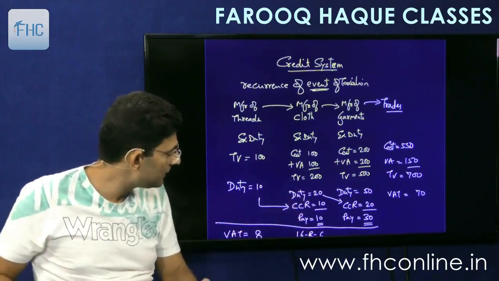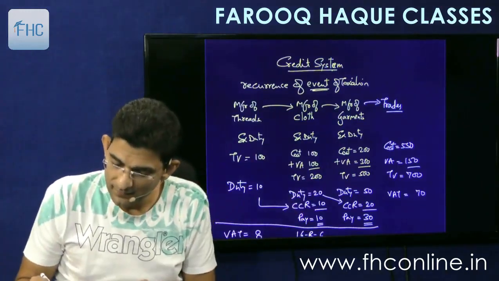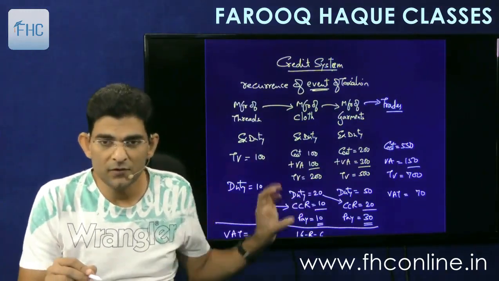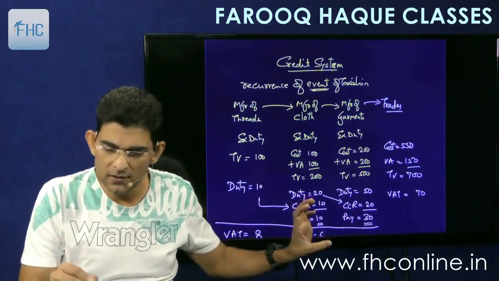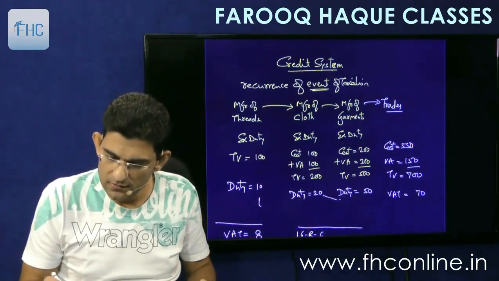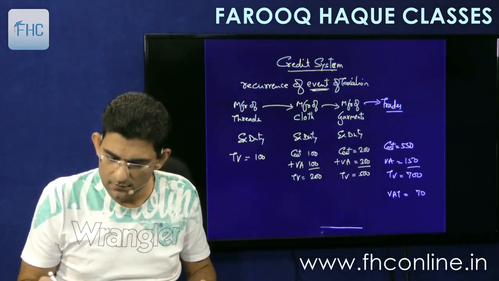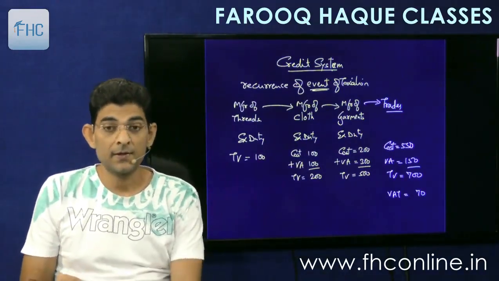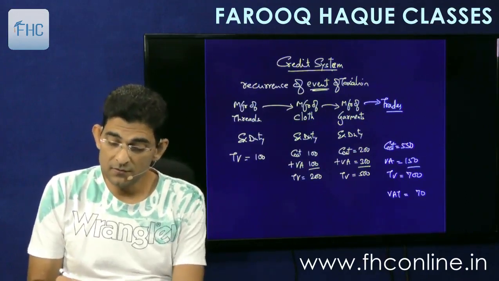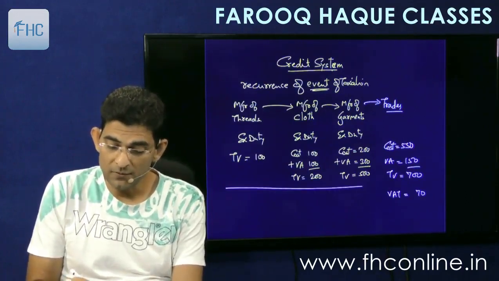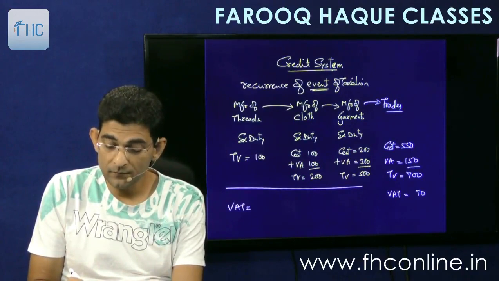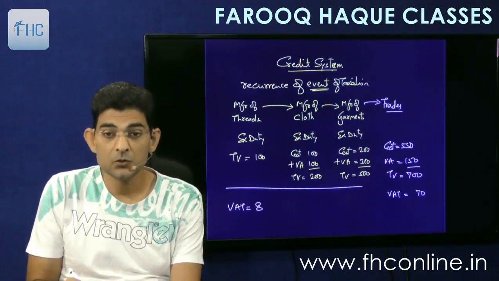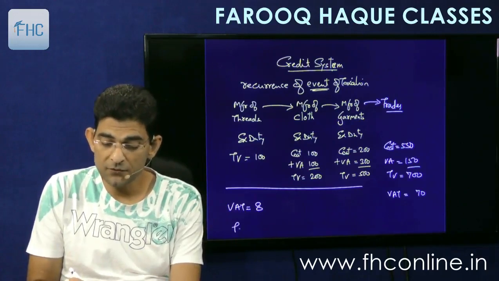The third person's liability is say, okay, I'll do one thing. You have written this excise component. Okay, I'll now delete this. So you will write below the excise that the first person's VAT liability, now we will talk about VAT liability, is 8. So he'll pay full 8 because he's the first person in the cycle.